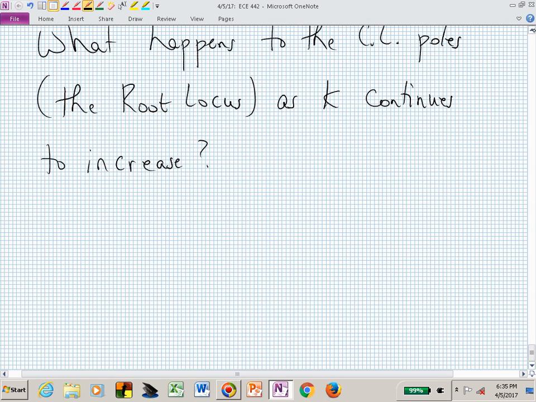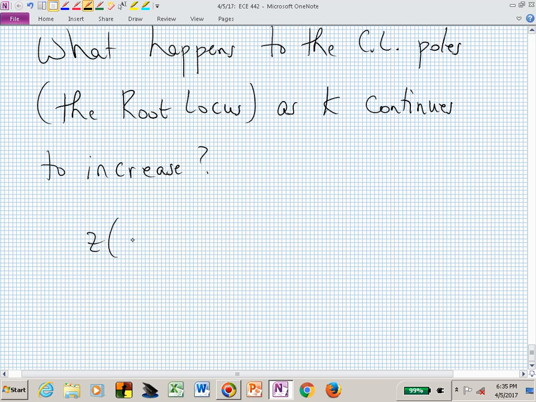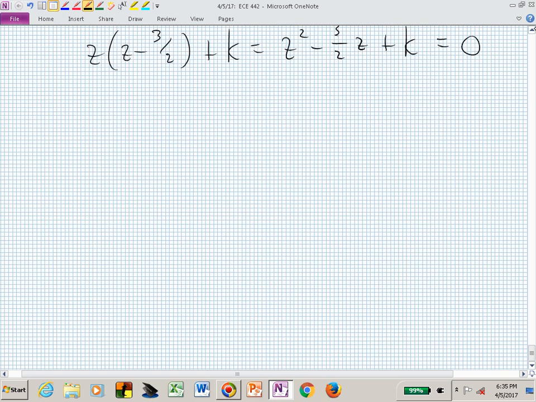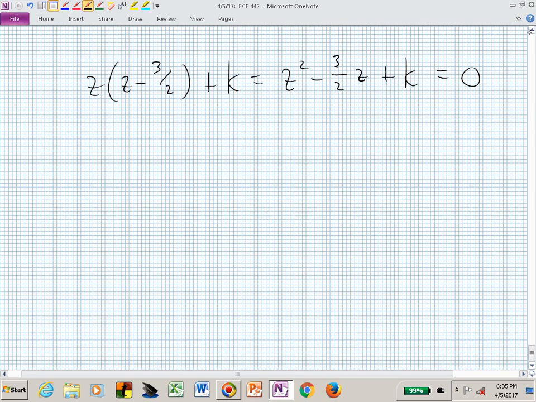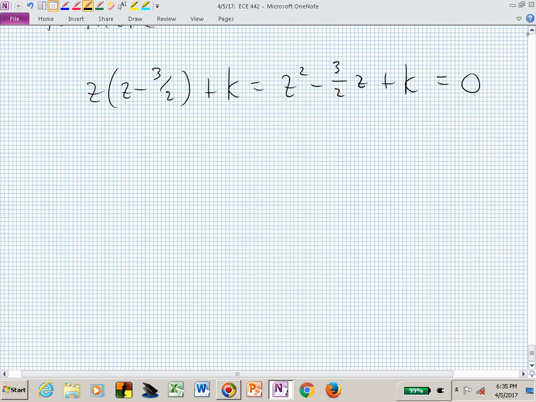If I now have this, that's my governing equation. I can put that into z squared minus 3 halves z plus k, and I could see what happens as I adjust k.